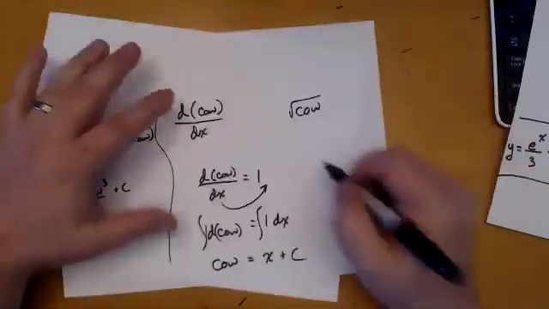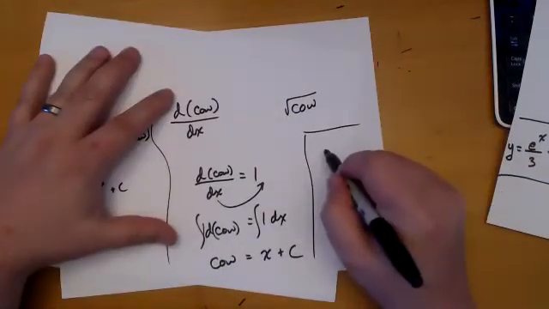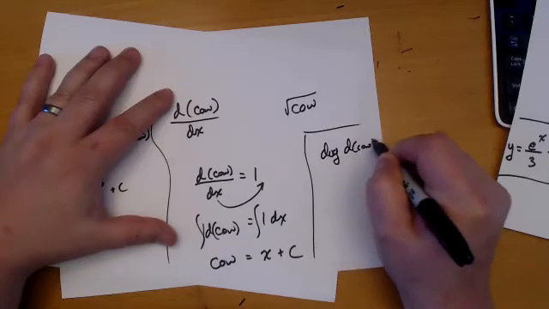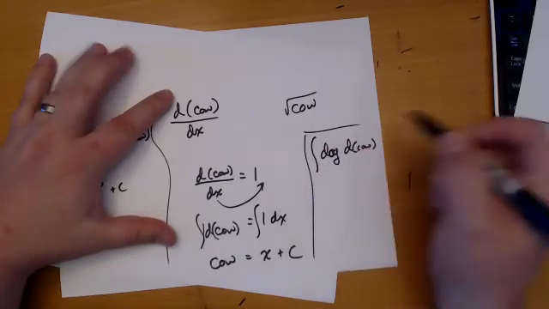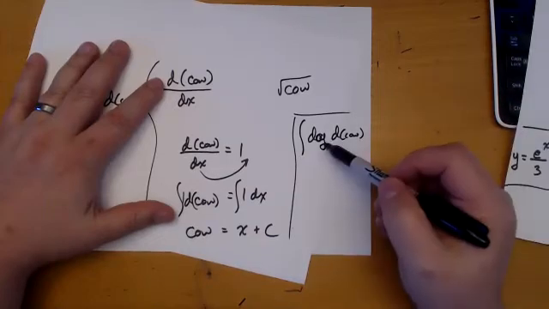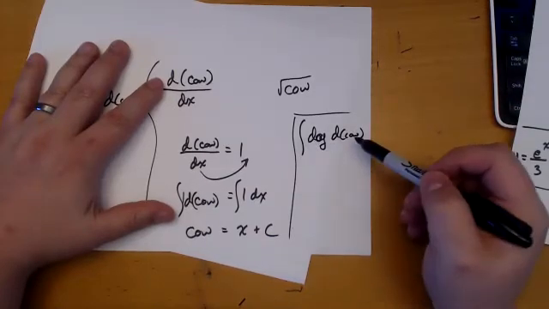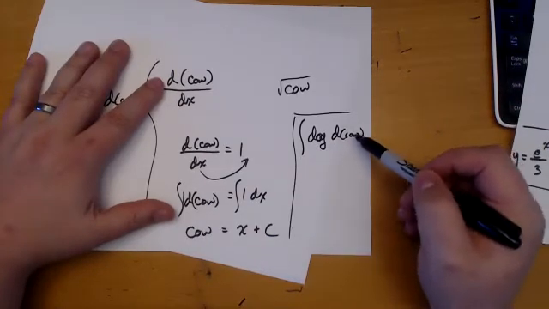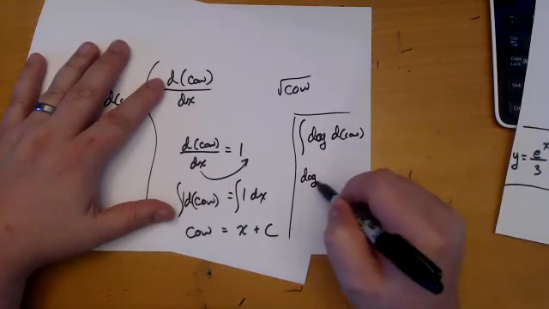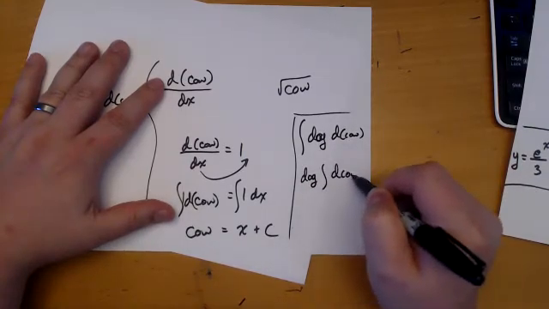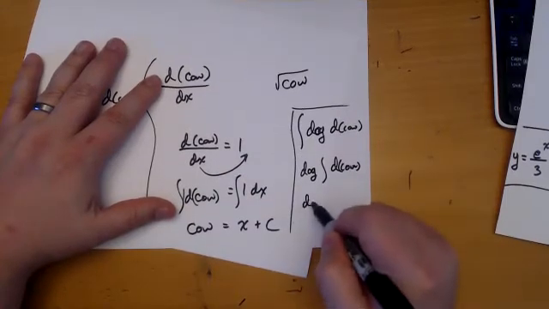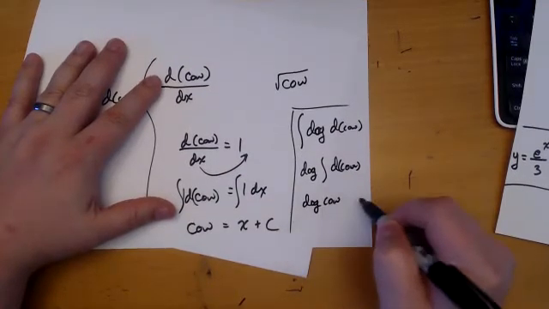But if you had instead the integral of dog d cow, the problem is that dog doesn't have any relation to cow. There is no cow in that dog. So therefore the dog is a constant. And then you just have dog cow plus c.